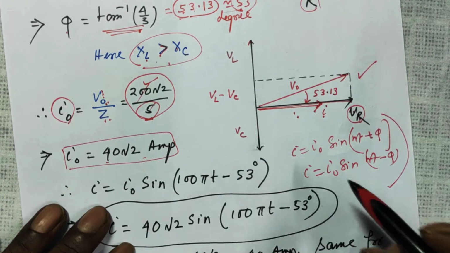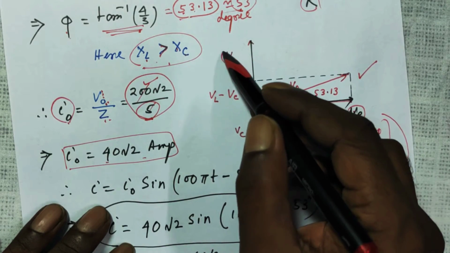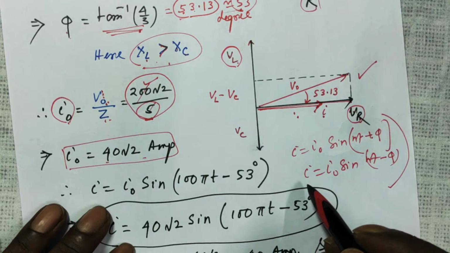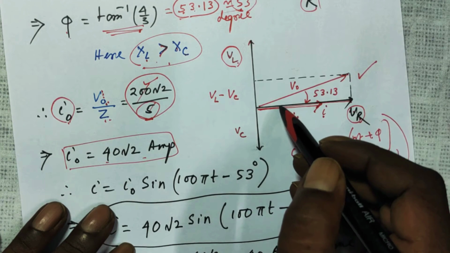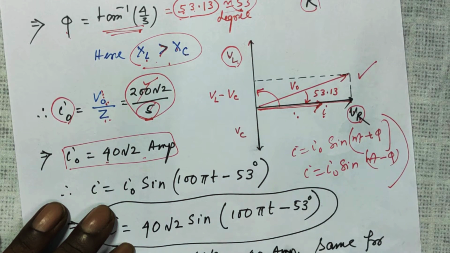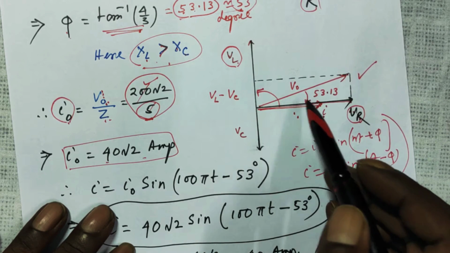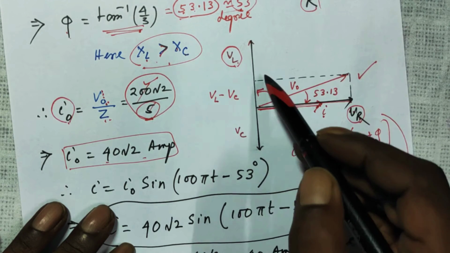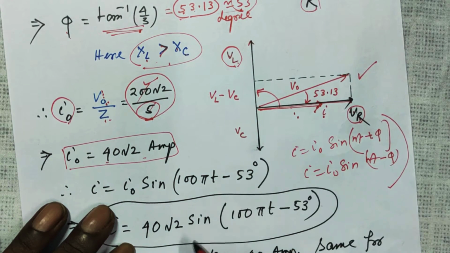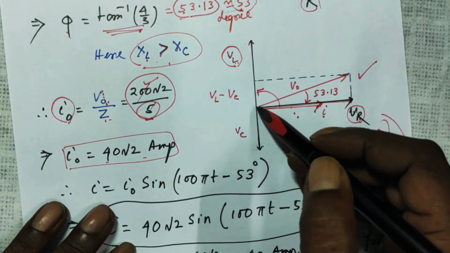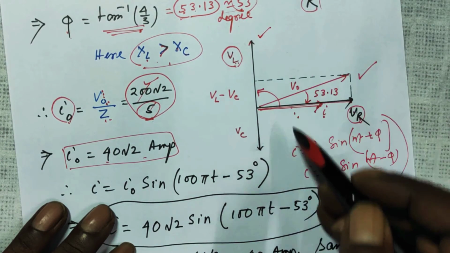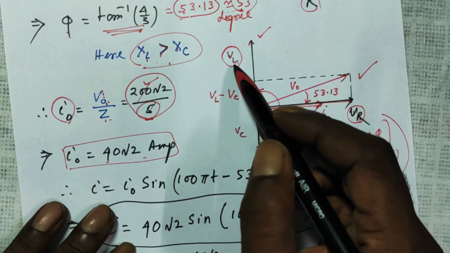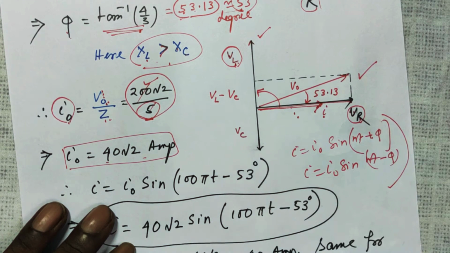And now look, the voltage across the inductor was leading by pi by 2. That is the same thing as the current lagging behind the voltage by pi by 2 this side. This also we had explained in theory lessons. And so VL is represented to this side, positive y-axis, voltage across the inductor.